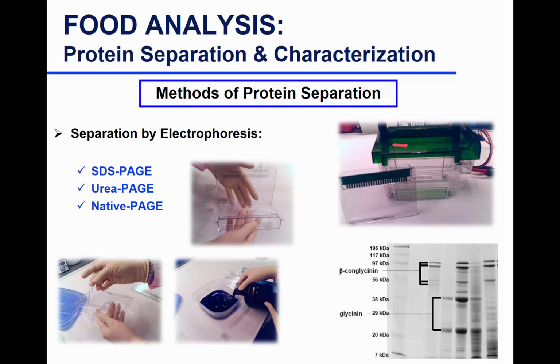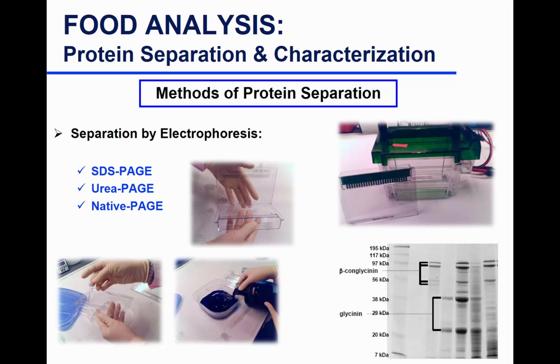You can use a very small pipette with a very thin, unique tip, not the same tips that you use in the lab, that you can insert. Depending on the well size, you usually pipette anywhere between 5 to 30 microliters of your sample. Then you close this and apply voltage, and your protein will move down your gel.